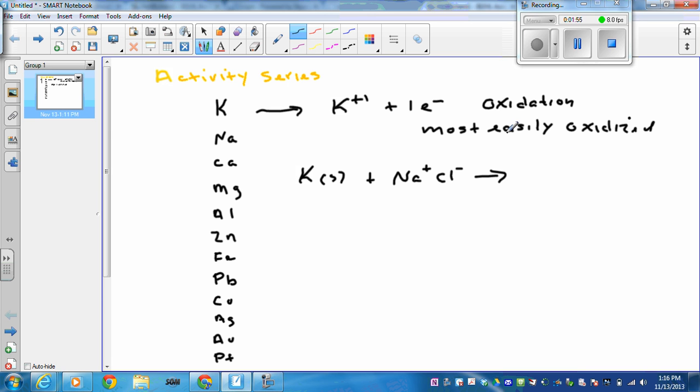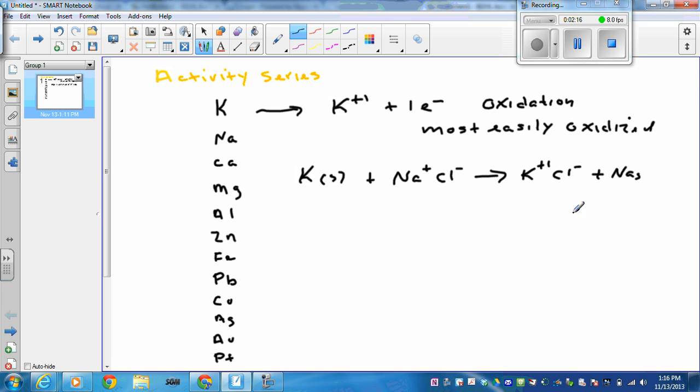And so if potassium is more easily oxidized than sodium, the idea would be that potassium could turn into a potassium +1, combine with the chloride, and generate metallic sodium.